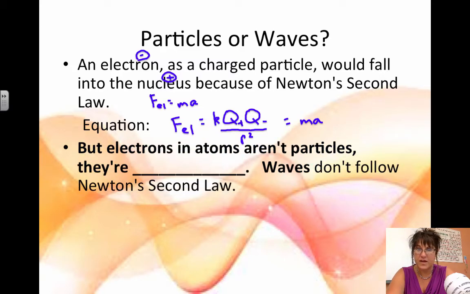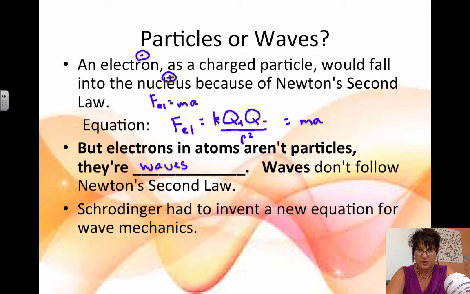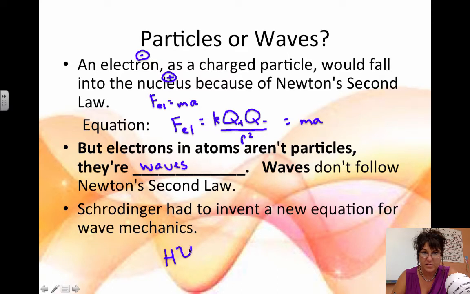But electrons in atoms aren't just simply particles. They're also waves, and waves don't follow Newton's second law. Schrödinger had to invent a new equation for wave mechanics. H times psi equals E times psi.